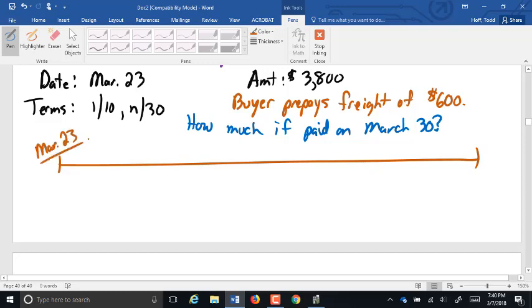March 23rd, correct? There are no modifiers in our term, so it stays on March 23rd. When does our 1% discount end? 10 days from March 23rd puts us at April 2nd.